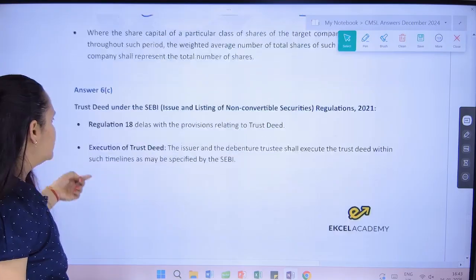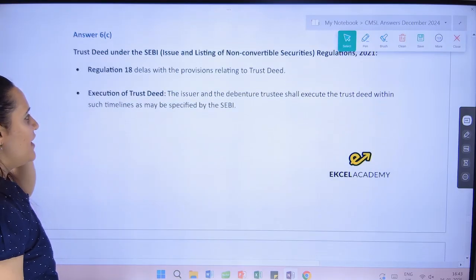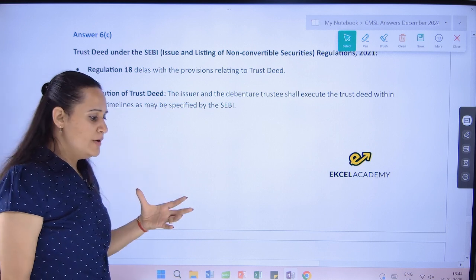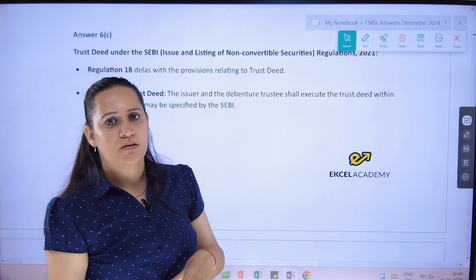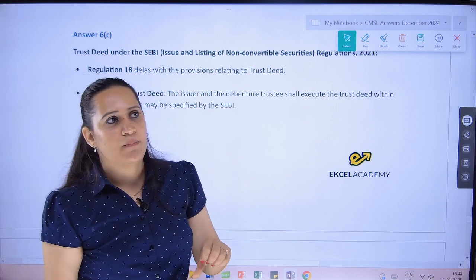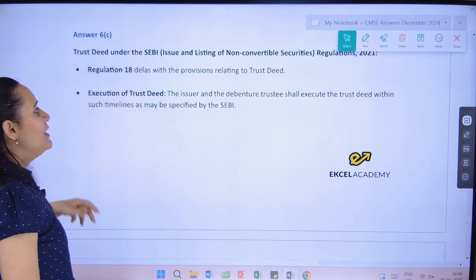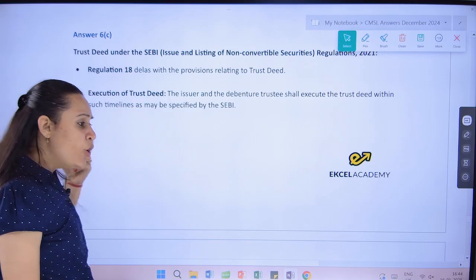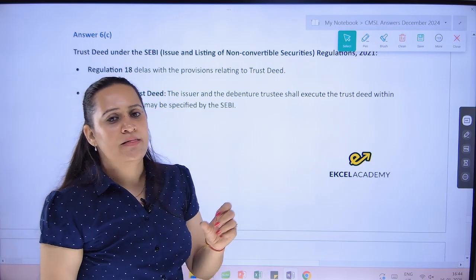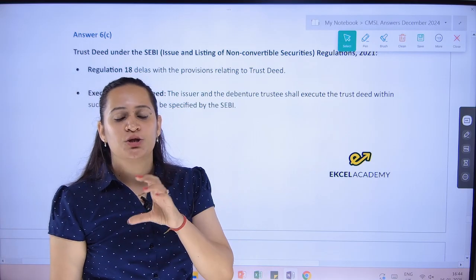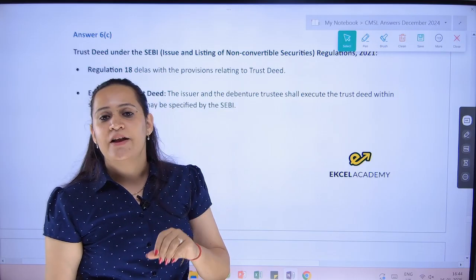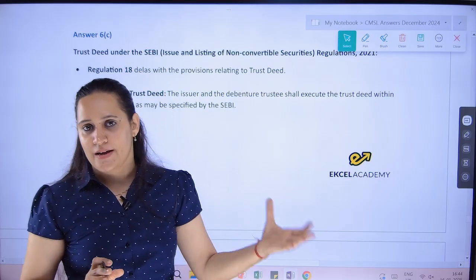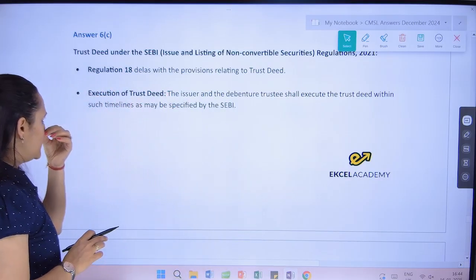Okay. Next is trust deed. Whenever there is an instrument that is not an equity share, something that involves an element of debt, something that involves a non-convertible security, then the entire institution is set up in the form of a trust, and whenever a trust is created, a trust deed is required to be executed, and that is what they are testing here.